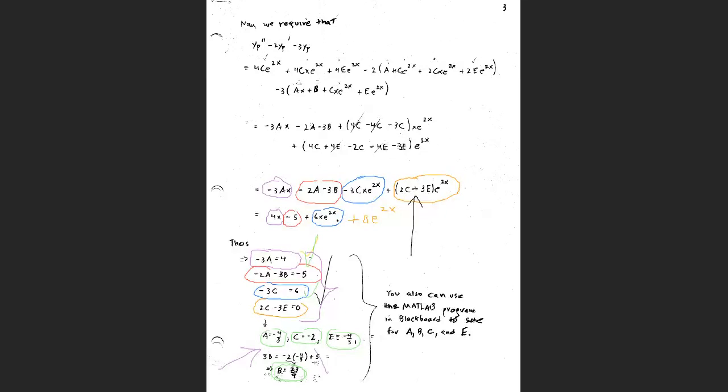We know what the particular solution is because we know now what all of our coefficients equal. So we know what y sub p is, the particular solution.